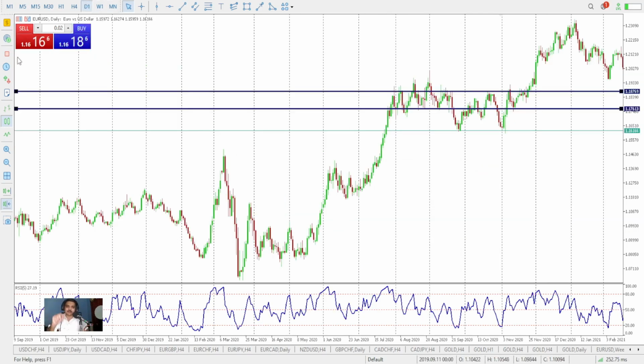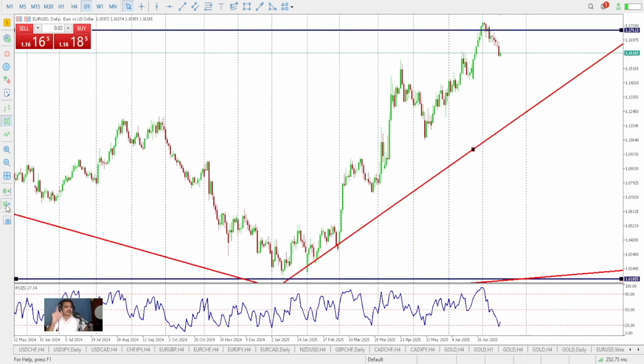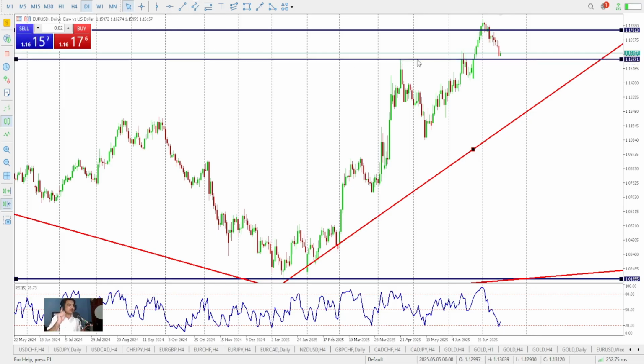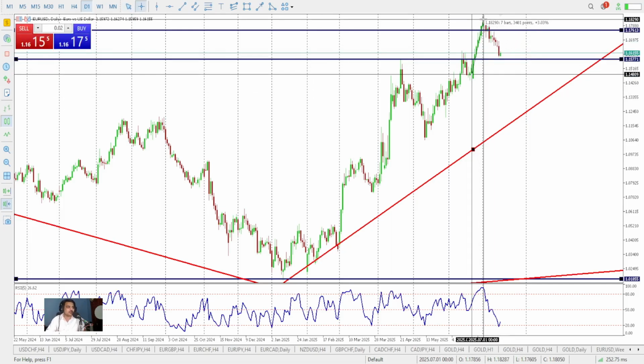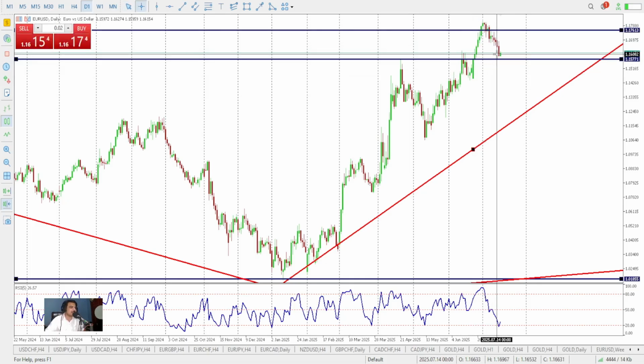Moving on to the daily time frame, this market dropped very nicely from the resistance, and right now it is clearly standing at the previous retest level. What is a retest level? I have explained it in several of my videos, but right here the market has given us a breakout to the top side, and this particular level can be a very good retest level for a fantastic support formation.